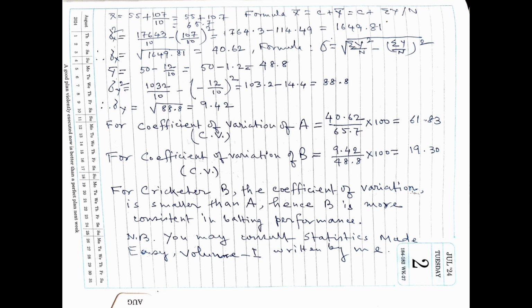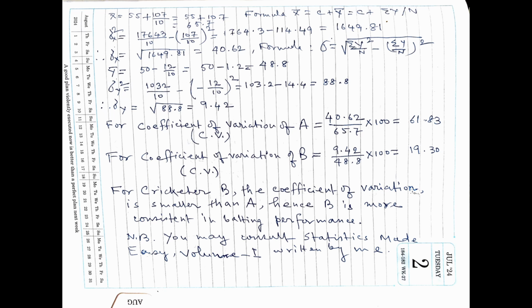So now we are calculating sigma X square, which is equal to 17,643 by 10 minus 107 by 10 whole square, is equal to 1764.3 minus 114.49, is equal to 1649.81. Sigma X is equal to root over 1649.81, is equal to 40.62.